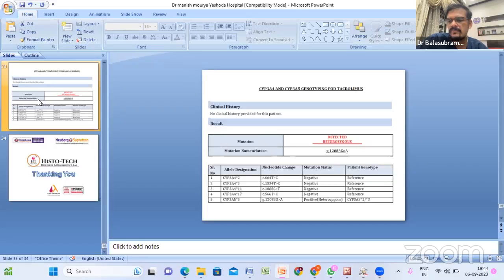So when we do a low resolution HLA and a virtual cross match, if we get a positive virtual cross match, we don't have time to go and do a higher resolution one.